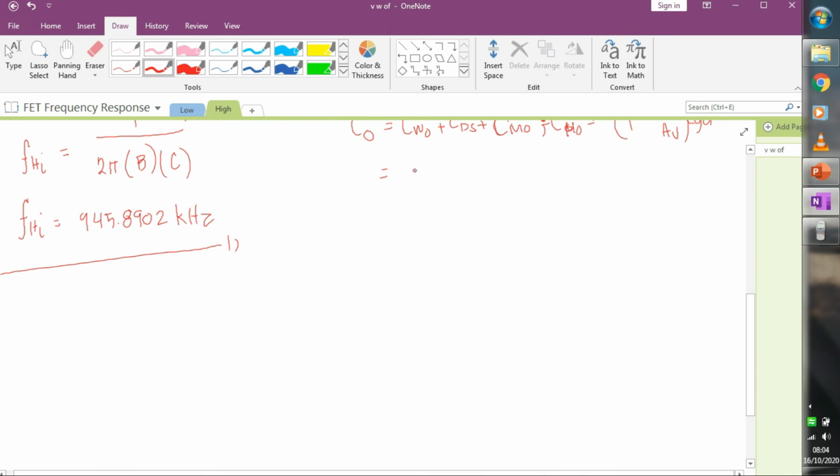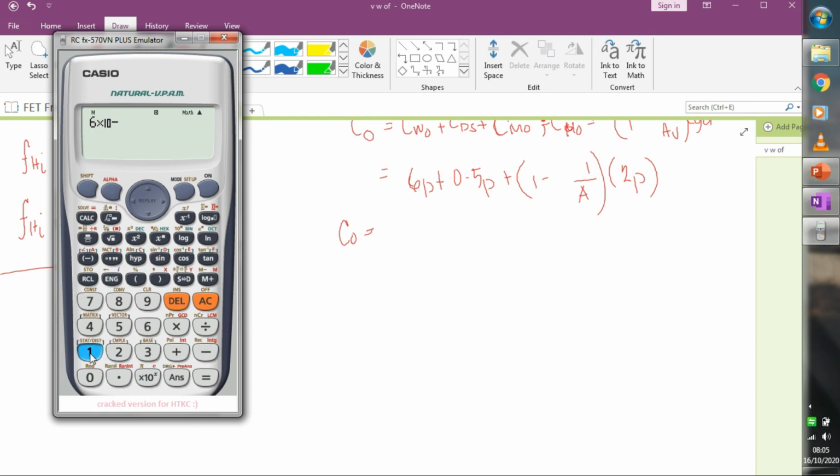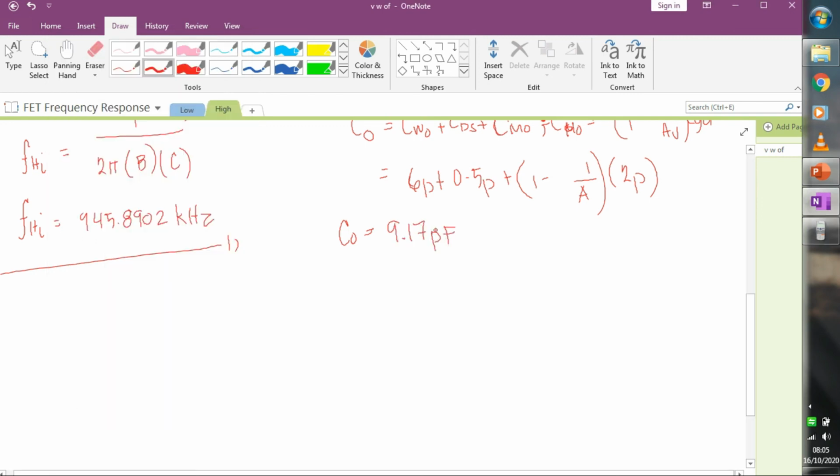So, this is equal to 6 picofarad plus 0.5 picofarad plus 1 minus 1 over AV na nasa variable A times CGD, which is equal to 2 picofarad, and your CO is equal to 2 times negative 12 is equal to 9.17 picofarad. Okay? Store ko siya kay F.